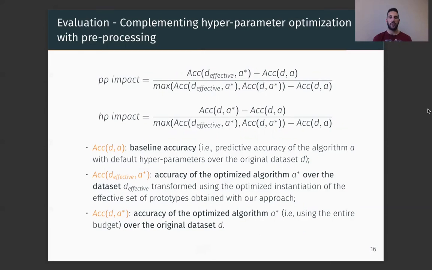These two impacts were calculated with the same formula that we used for the normalized distance. Indeed, the pre-processing impact is the ratio between the performance achieved by our approach and the maximum between the performance achieved by our approach and the hyperparameter approach, taking into account the accuracy of the baseline as well.